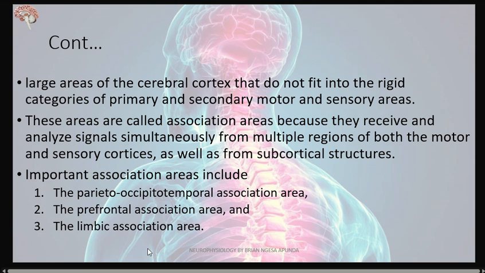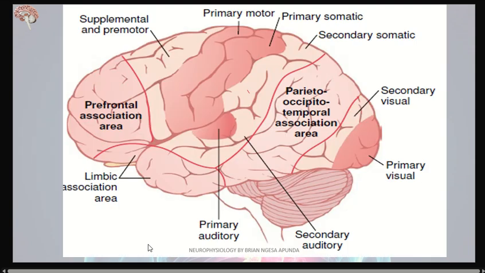And we also have the limbic association area, sometimes referred to as the limbic cortex, somehow encapsulating some subcortical structures within the limbic system, which could be things like the hypothalamus, the amygdala, and the hippocampus. So we'll be able to see that.